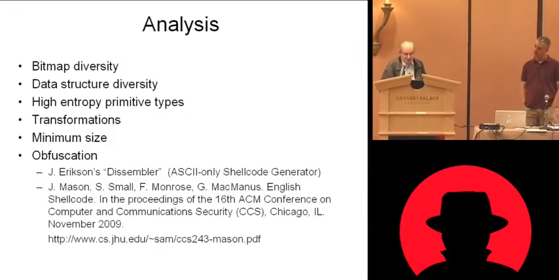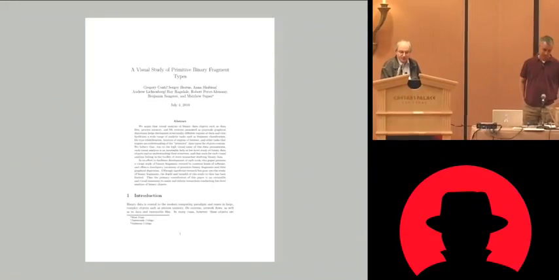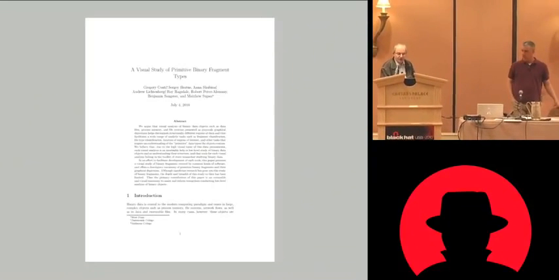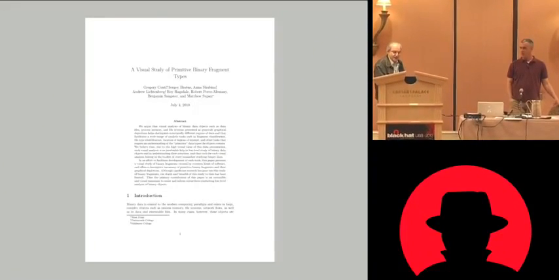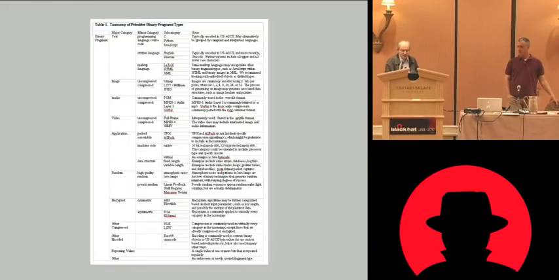So we have this talk, and we have the underlying classification in this paper. Well, this is really something of an academic paper. You will find it on your CDs as our white paper to go with our talk. And we try to go a lot deeper into the classification of those binary fragments.